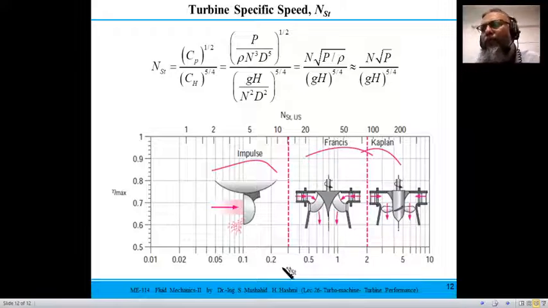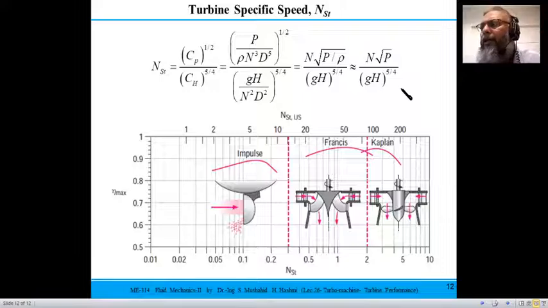The turbine specific speed is a single parameter which takes care of different heads, different power and different speed put together into one number, and that number signifies a particular class, and the efficiency is based on that number. This is very useful in classifying different types of turbines.